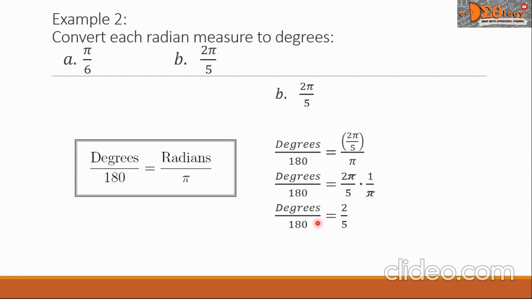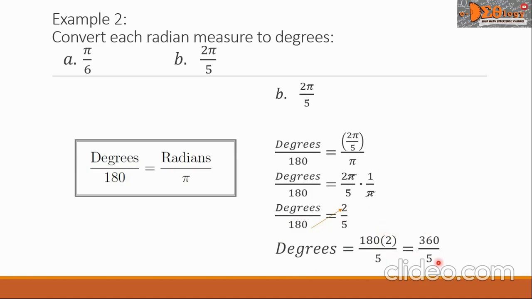To simplify further, this 180 now, we will cross multiply to the right hand side. It means it will be multiplied to the number 2. So 180 times 2 all over 5, and the degrees will be alone on the left hand side. Simplifying further, the 180 times 2 is 360.